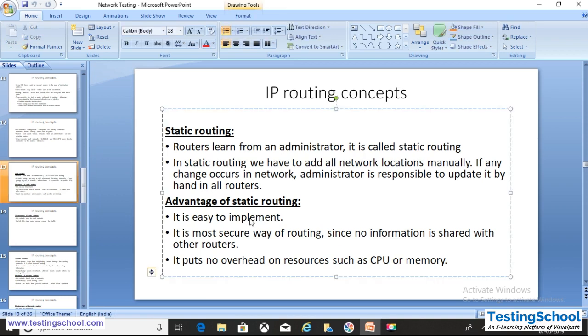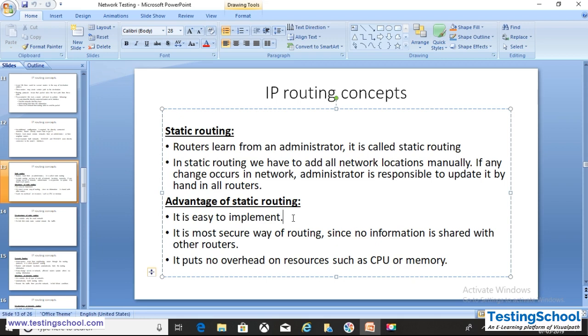So what is the advantage of static routing? It is easy to implement. You just need some knowledge and you can easily implement it. It is the most secure way of routing since no information is shared with other routers. Thus, the administrator is responsible for making all the entries into the router. So routers are not directly sharing the information.